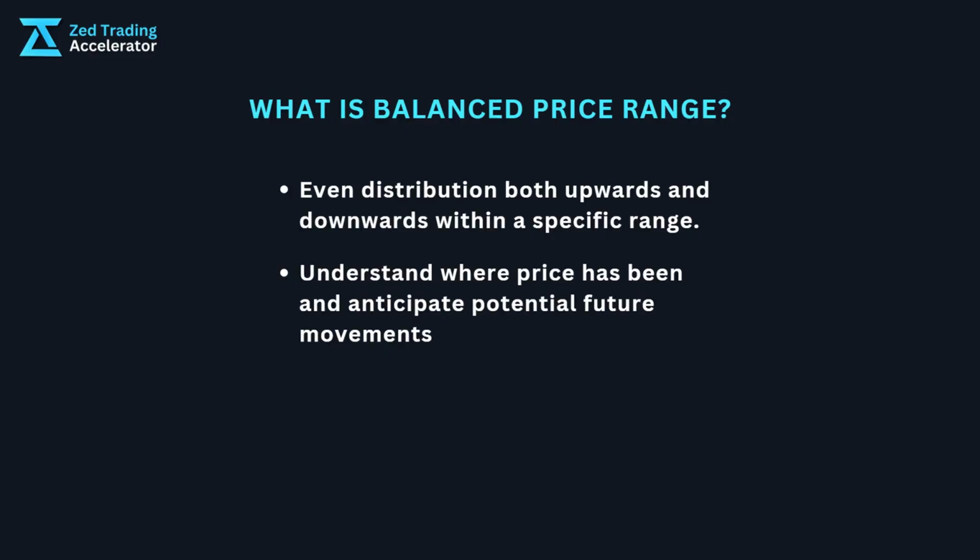For example, the price has gone down into this PD array and then goes away aggressively from it, creating a fair value gap, which means we have a very strong willingness to go higher from it, right? So from going down, we are now going up because we have seen a strong displacement, all right?